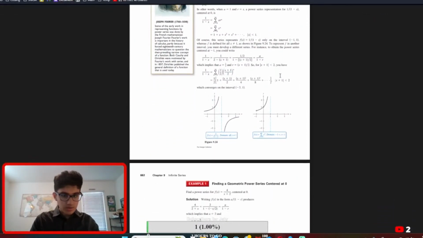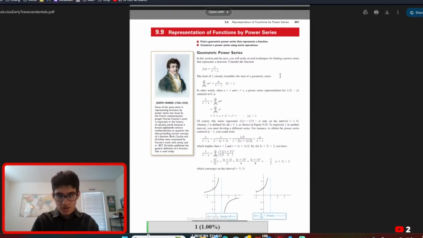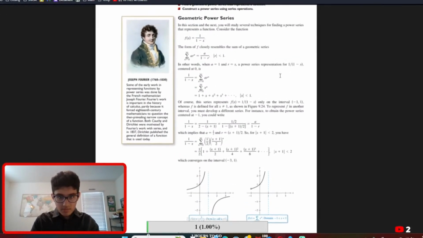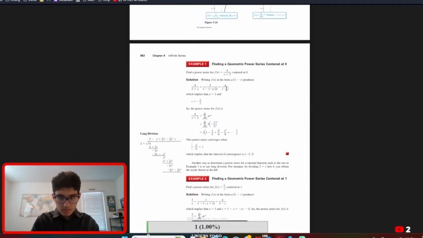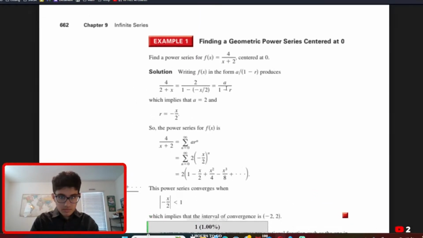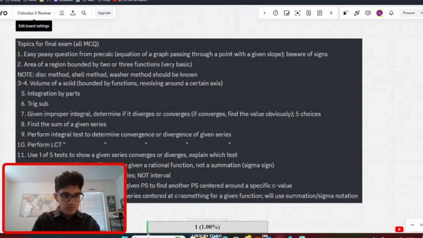Let's just quickly go over 9.9, representation of functions by power series. But maybe they just mean, first of all, this first part is not relevant.